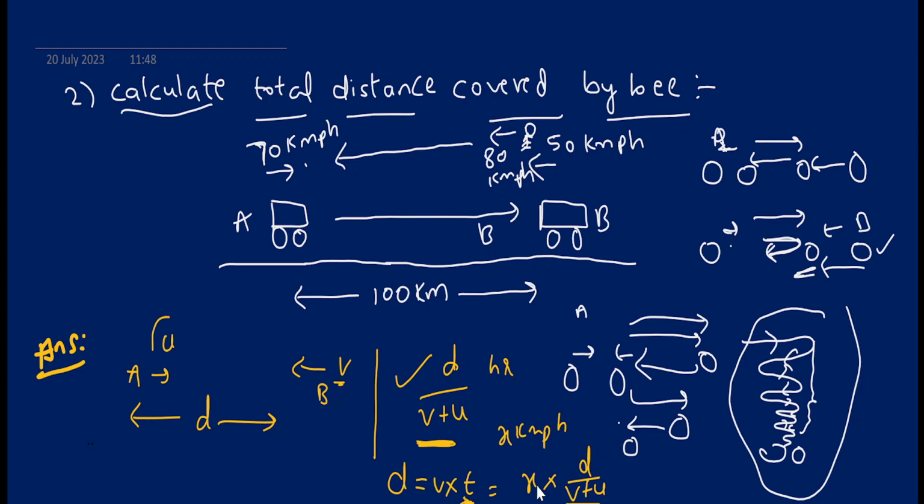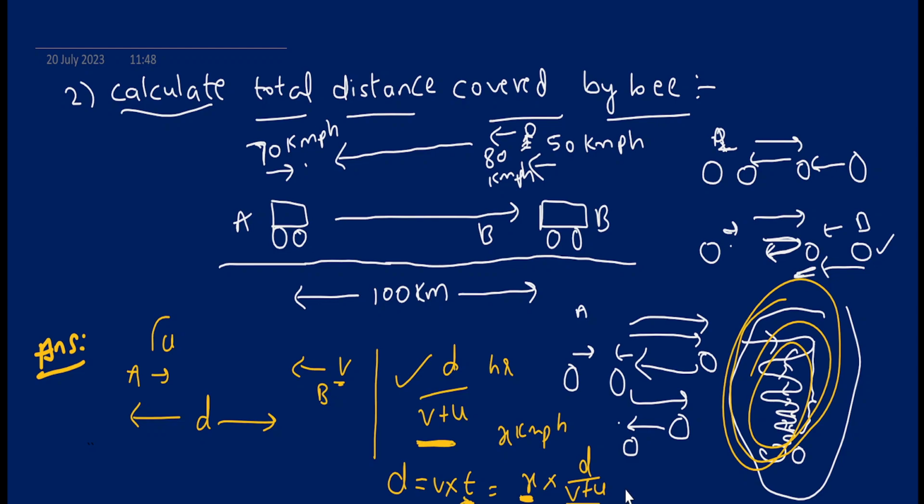In this entire process, for the total time d by (v plus u), it is maintaining a uniform velocity x. So the total distance traveled by this honeybee is x into d by (v plus u).